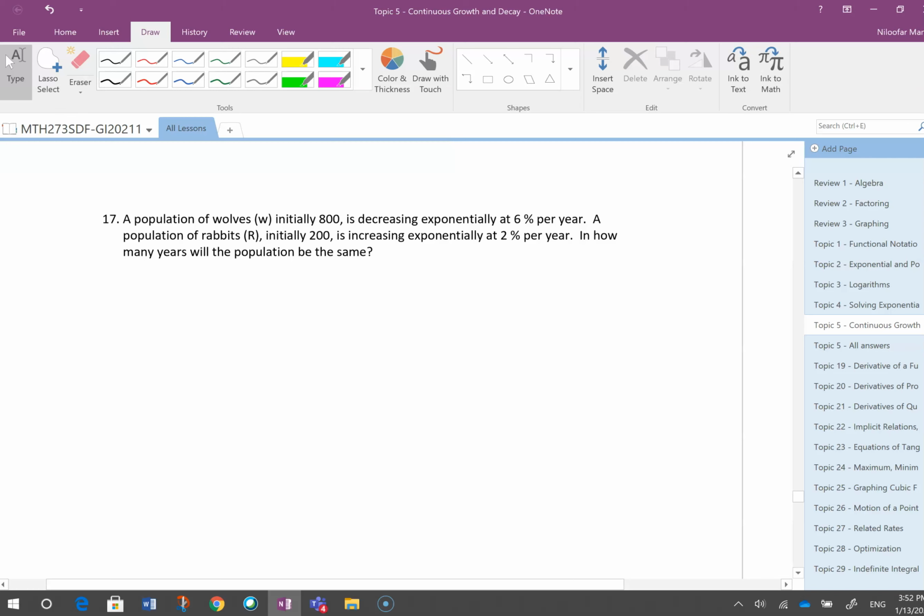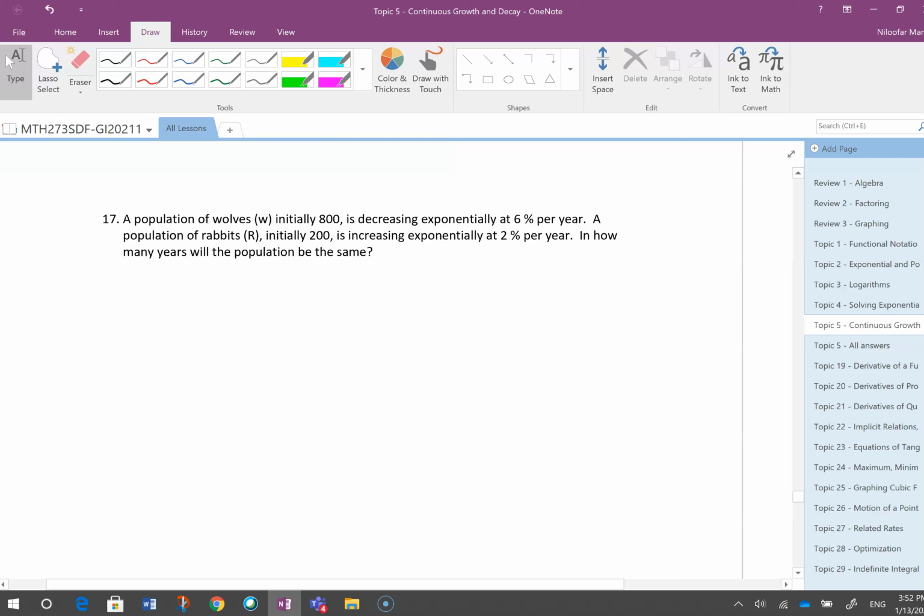Means 95% gone, 5% left. What does 5% mean? 0.05 N0 equals N0. I need to understand, decompose means gone. 5% is staying, the rest is gone.